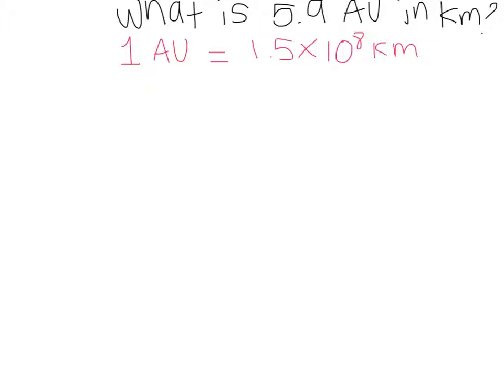Okay, so from the steps that I told you in class, the first thing that we have to do is write down the unit that we don't know at the top. The unit that we don't know is kilometers.